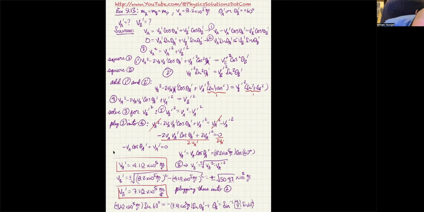That's what we're taking all this for. And there's actually a negative in there. Let me just go ahead and erase it. There's actually going to be a negative in here because of the negative sign that was in the equation. So it's going to be negative 4.1. Notice the 10 to the fifth is going to cancel out anyway. That's why I'm just writing the 7.1 and the 4.1 times the sine of 60 degrees.